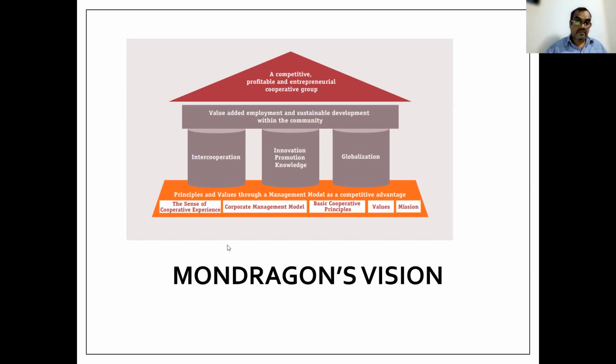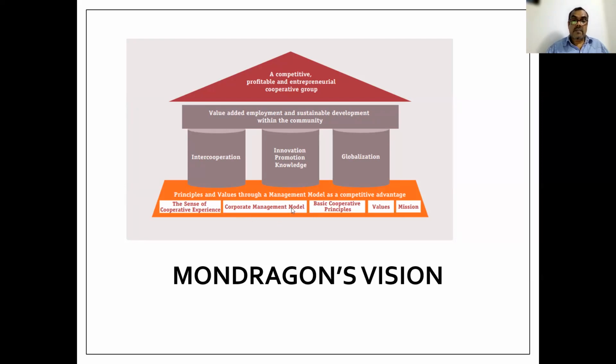Just go to the bottom: principles and values through a management model as a competitive advantage, where they take into account a sense of corporate experience, the learning by doing things. You come out with new innovation, new learning, and that would enhance the earnings of the company.